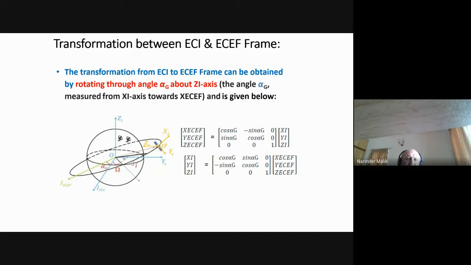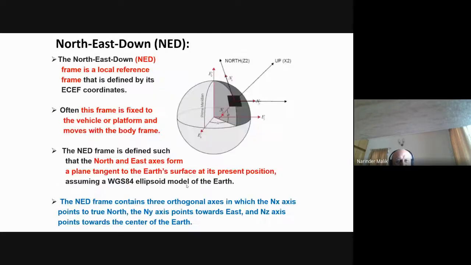That's where we will use this transformation. This is just one example. There may be many examples. Northeast down, here, northeast down or northeast up, two frames are there. Basically, on the surface of Earth, there is one axis which is going down, which is from that point, the axis points toward the center of Earth.